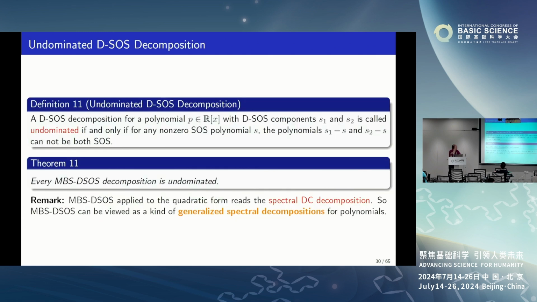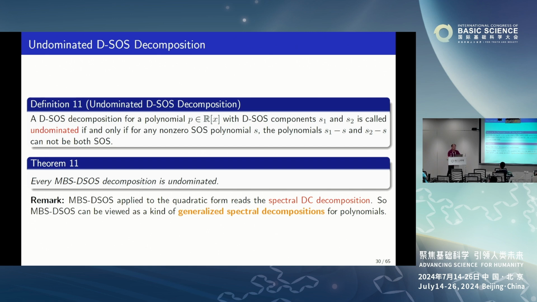The intrinsic property of this kind of decomposition is undomination. Undomination means that a polynomial with a decomposition S1 minus S2 is undominated if there is no other square polynomial S such that both S1 minus S and S2 minus S are sum-of-squares. Either of them should not be sum-of-squares.